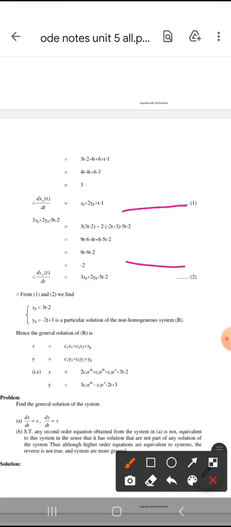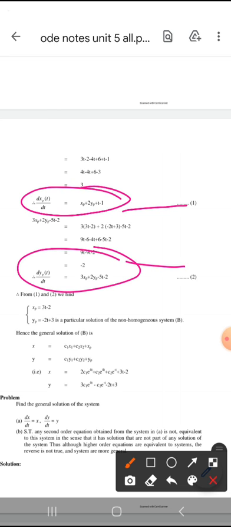By comparing these two, from equations 1 and 2, we get that xp = 3t - 2, yp = -2t + 3 is a particular solution of the non-homogeneous system.